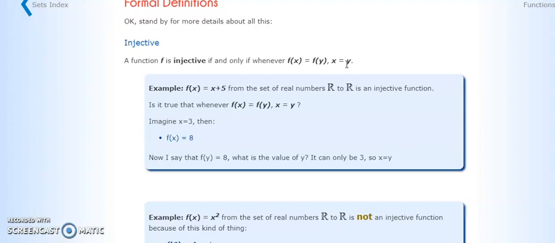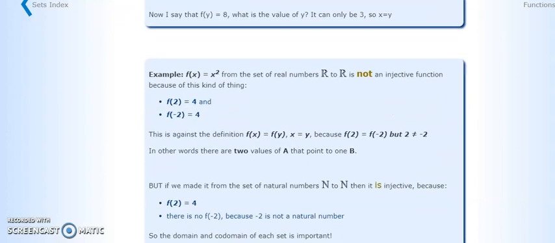Whenever you have to show whether a given function is injective or not, we start with: let f(x) equal f(y), put in the formula of the function, do some simplification, and try to get x equal to y. If we can get that, we declare that the given function is what? One-one, or injective.